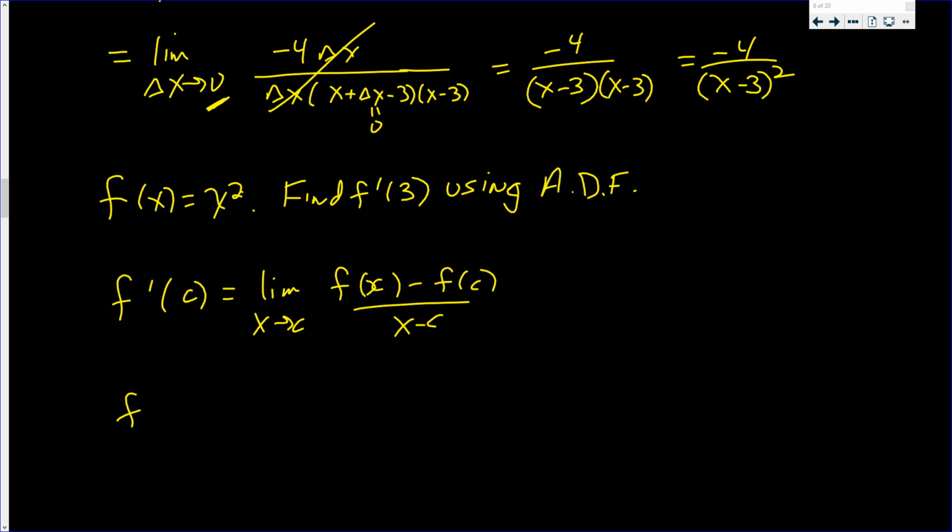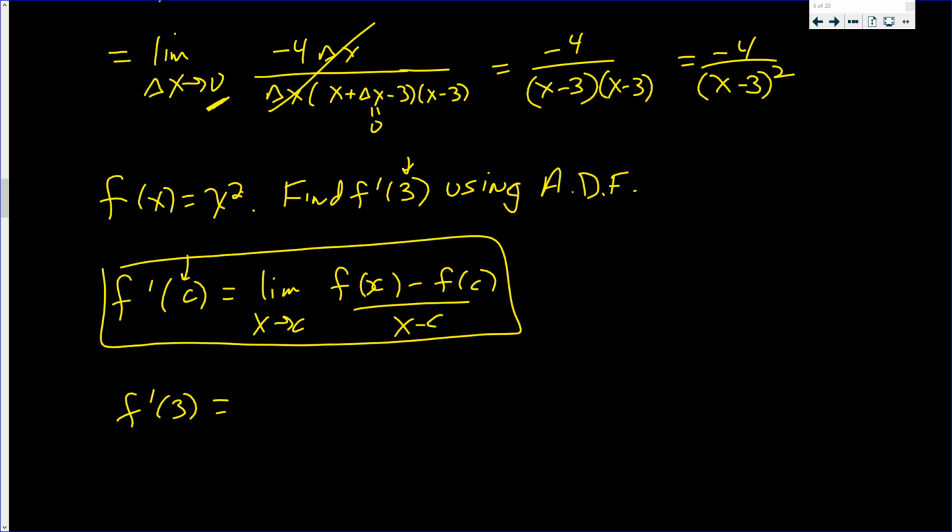Now c is 3. Whether you write this down or not, that's your call. This is equal to the limit as x goes to 3 of f of x minus f of 3 all over x minus 3.